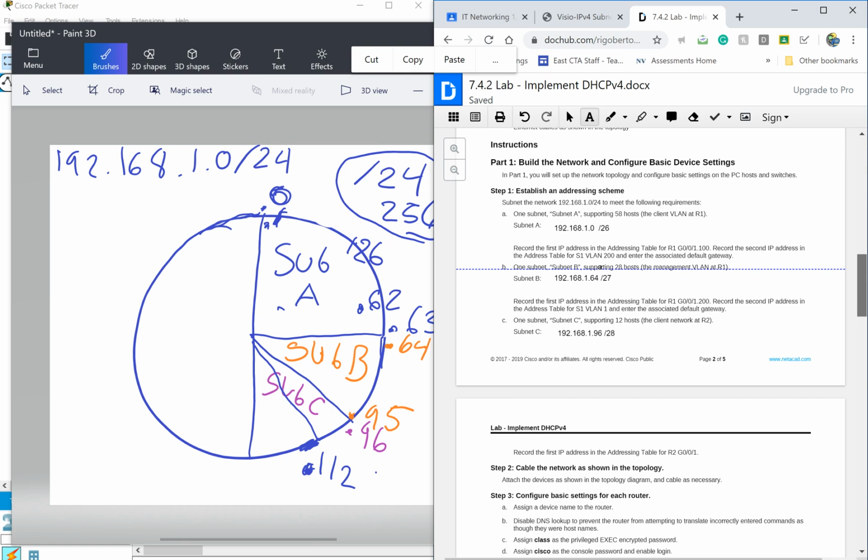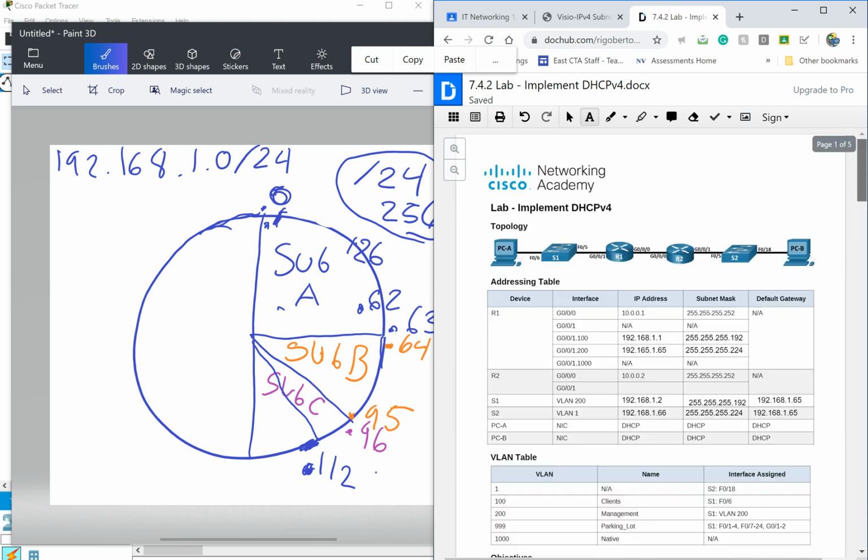Subnet B says record the first IP address in the addressing table for R1 G0/0/1.200, then record the second IP address in the address table for S1 VLAN 1 and the associated default gateway. So you have 192.168.1.65.